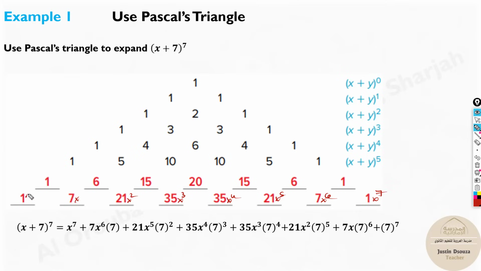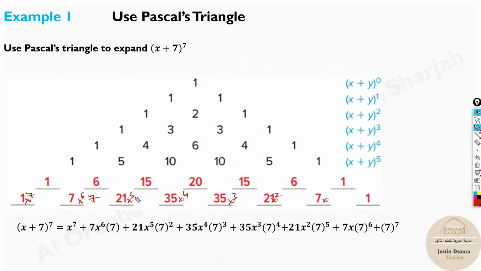Sorry, over here I have made a huge mistake. This should be 7, not x. Okay, I'll just erase it. It's x always. The first term starts with the highest power. Okay, it is x power 7. Then 6, 5, 4, 3, 2, 1, and 0. Now what about 7? It's 7 power 0. It's 1. So I'll leave it.